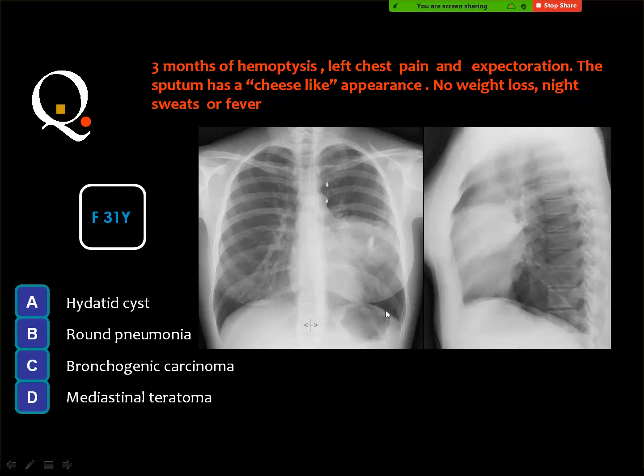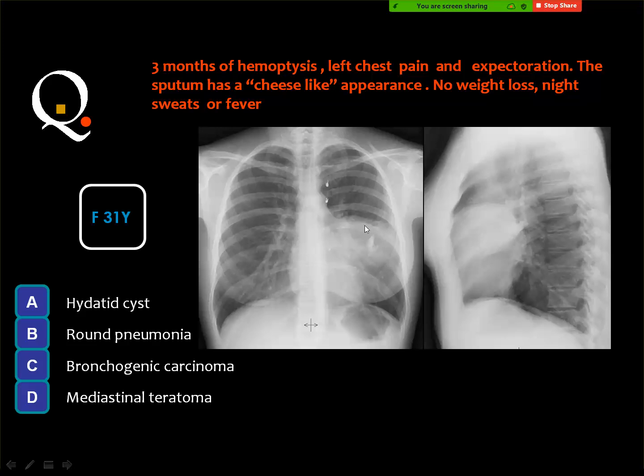Okay, and as you have said that there is gross calcium, and the bronchogenic carcinoma does not show gross calcification in the plain film. It can show calcium in the CT scan. Then you see the density of the lesion is not a true density of a mass.